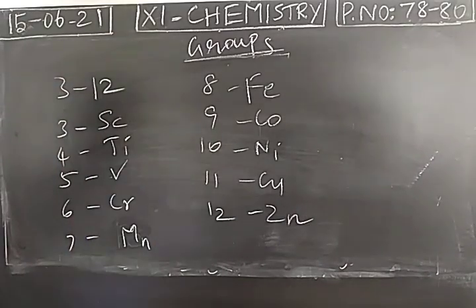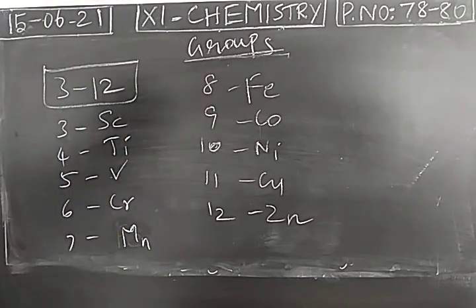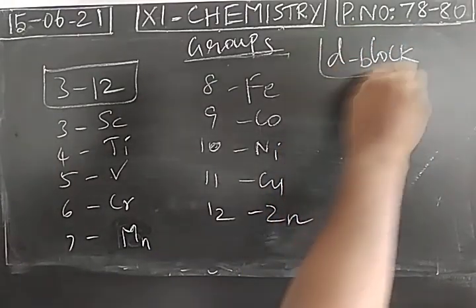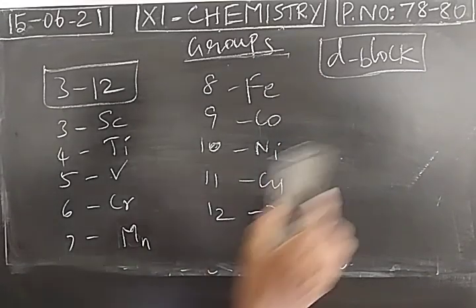So each group starts with a particular element. So group number 3 to 12 is collectively known as d block elements because the outermost orbital is a d orbital.